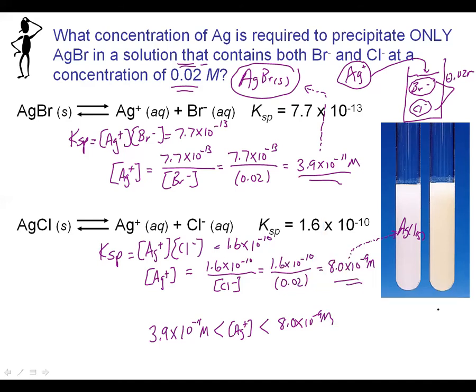So for example, each of these break apart into 2 ions, 2 ions there, 2 ions there. Because they do break apart into 2 ions each, we can look at the KSP values before we do any calculation, and we can decide that the silver bromide has a smaller KSP value, which means in this situation it is going to be less soluble than the silver chloride, which has a larger KSP value. And that's why the question asked for you to precipitate out the silver bromide first.